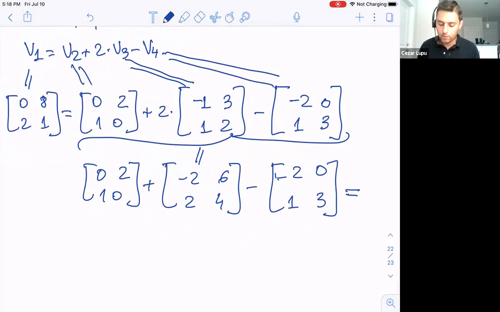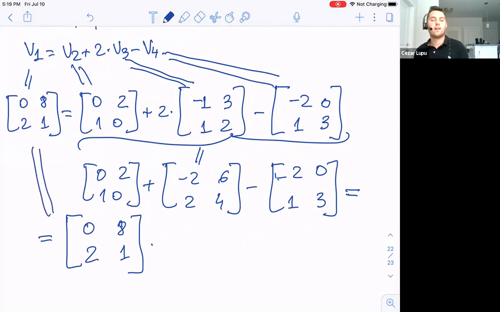Now if you do all the operations here, the first entry will be 0, then you'll have 8, then 3 minus 1 is 2, and the last one is 4 minus 3, which is 1. Which is indeed this matrix right here. So V1 is a linear combination of vectors V2, V3, and V4.